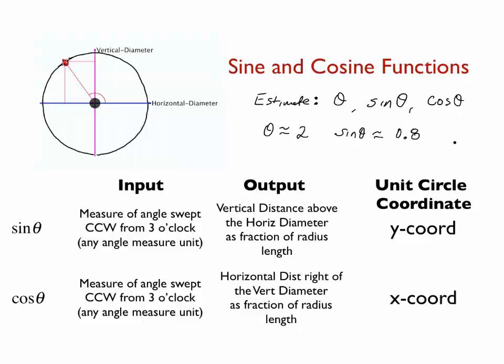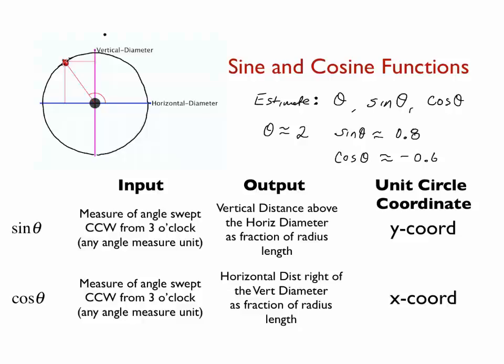Okay, somebody new. Levi, cosine theta. Negative 0.6. What do you guys think? Good, they nailed it. So you should have something close to those. If so, then you're getting what's going on.